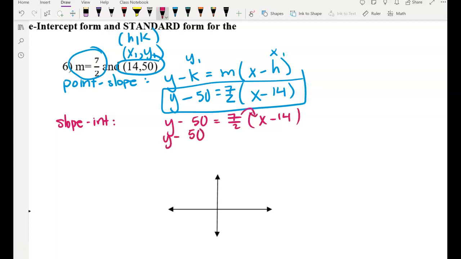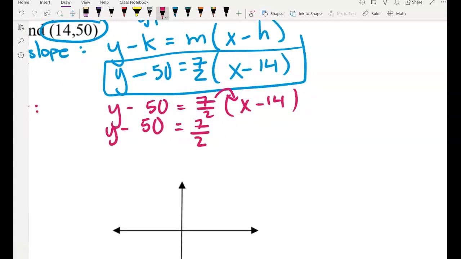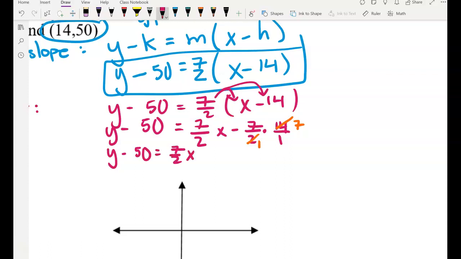Okay, so y minus 50 equals, distribute the slope out, so that's 7 over 2x. Now 7 over 2 times 14. So that's kind of like 14 over 1. We do want to reduce, so that's going to give us 1 here and 7 here. And so now we have y minus 50 equals 7 over 2x. 7 times 7, we are going to multiply horizontally.